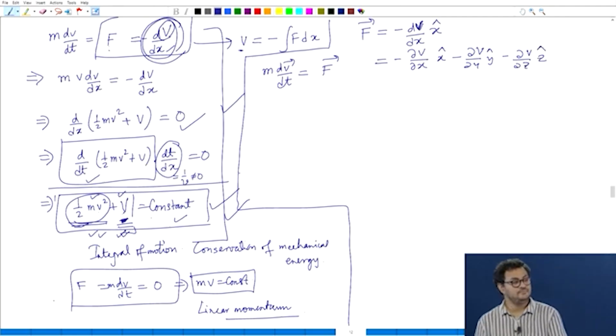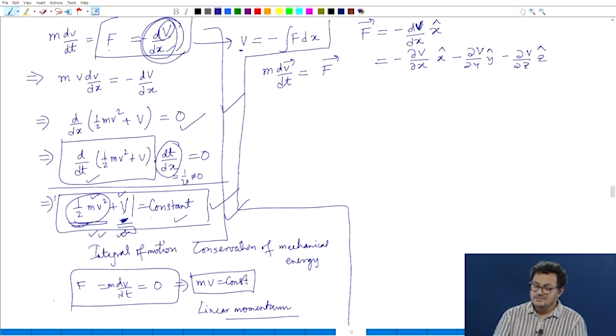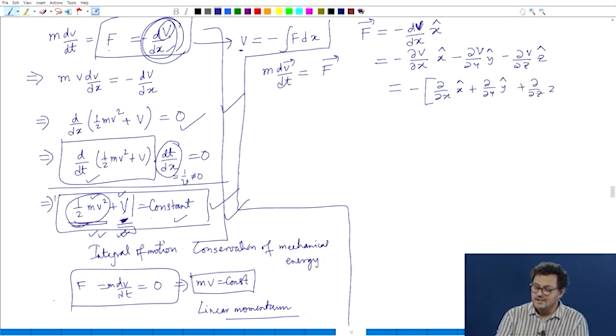Okay. If you have this, then you can say this is nothing but minus, I have ∂/∂x x cap plus ∂/∂y y cap plus ∂/∂z z cap, which is acting on V.